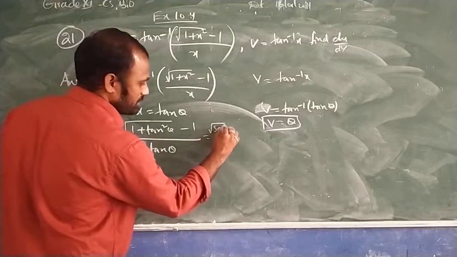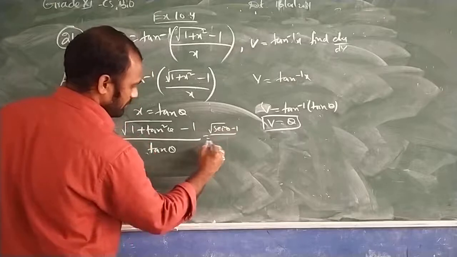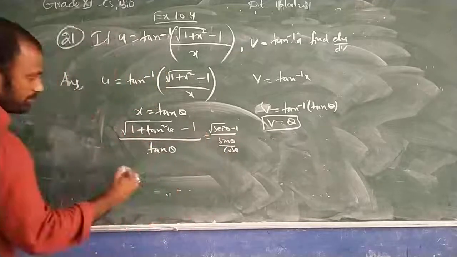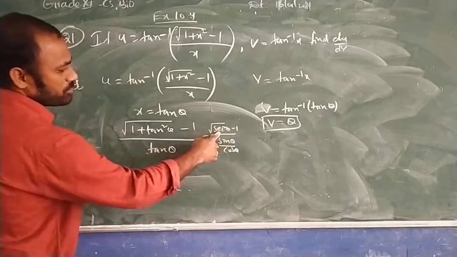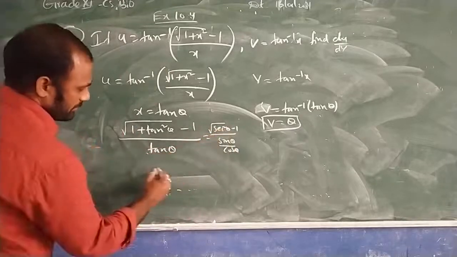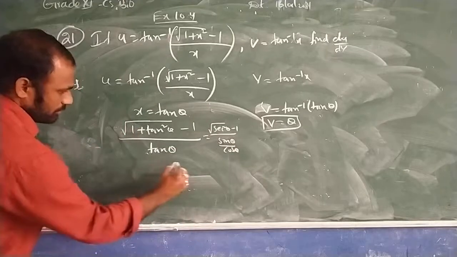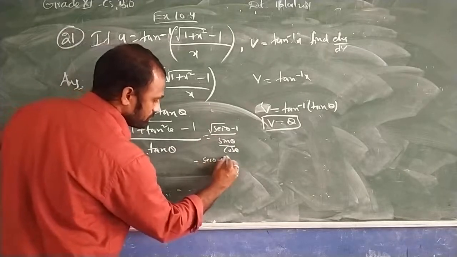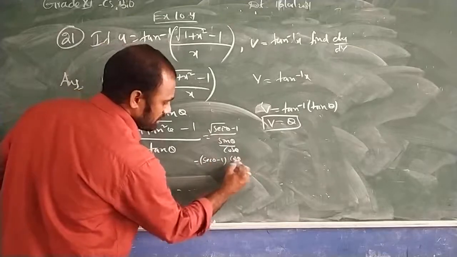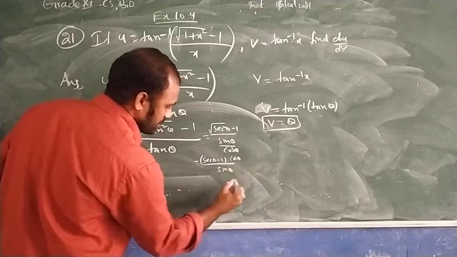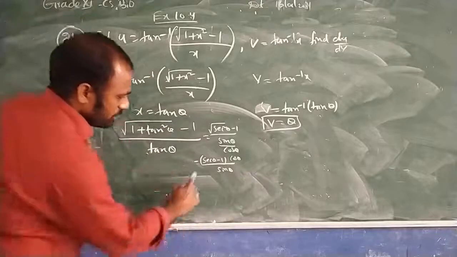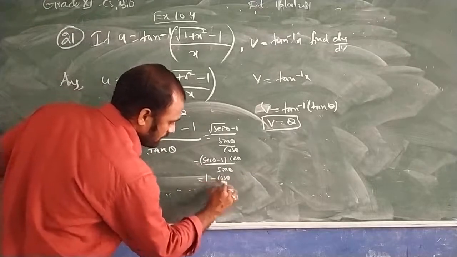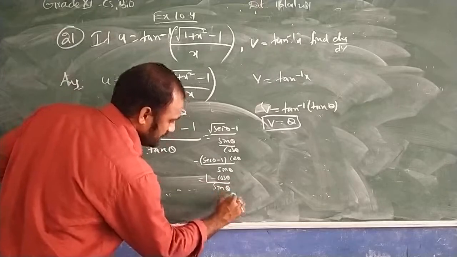So root of secant square theta minus 1 divided by sin theta by cos theta. Root of secant square theta is secant theta, minus 1. So that can be written as secant theta minus 1 into cos theta divided by sin theta. So this can be written as 1 minus cos theta divided by sin theta.